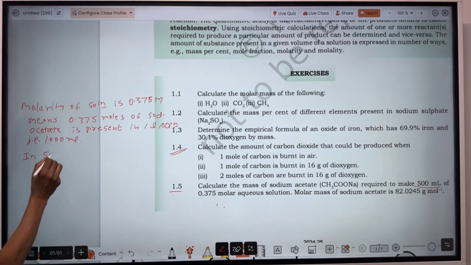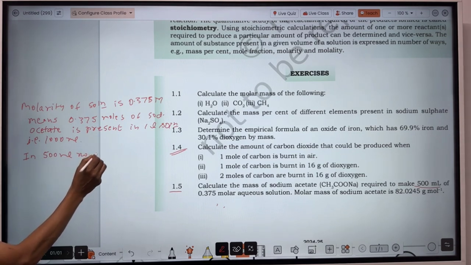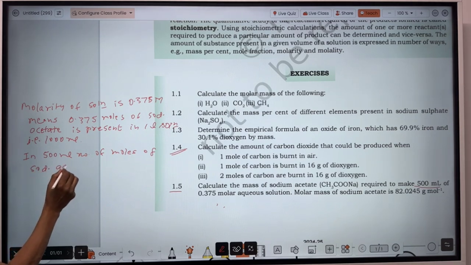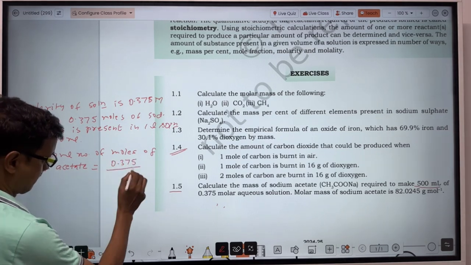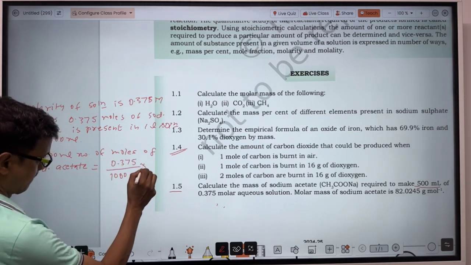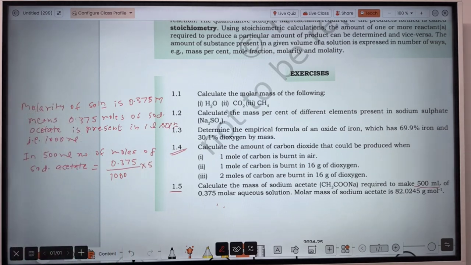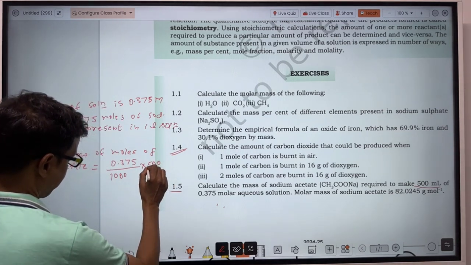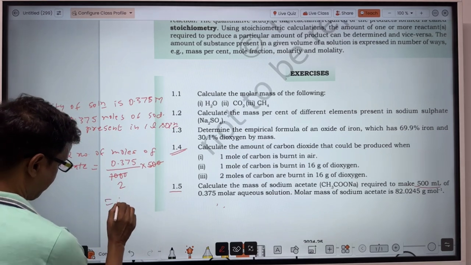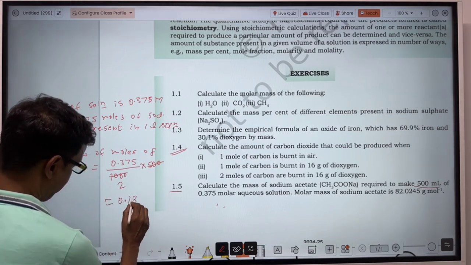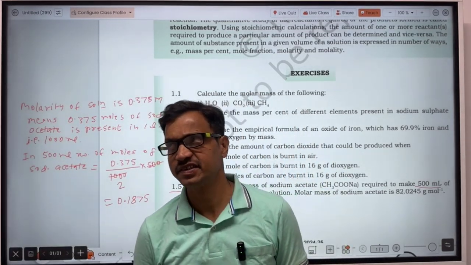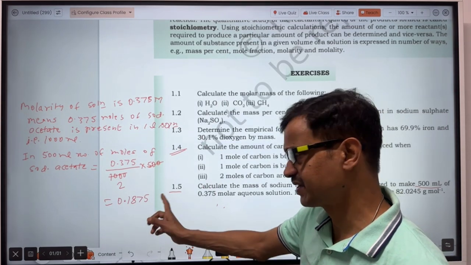So the number of moles of sodium acetate present in the solution is 0.1875.